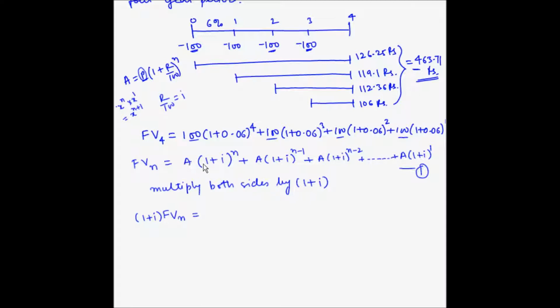So basically A into 1 plus I to the power n multiplied by 1 plus I to the power 1.